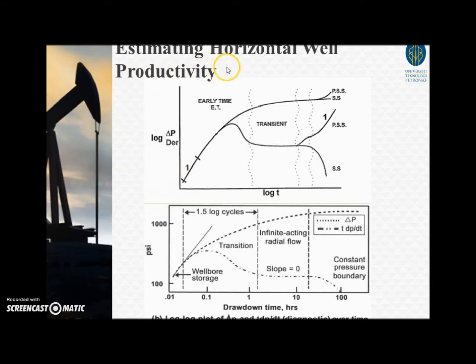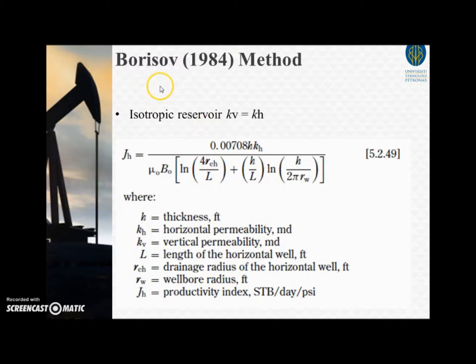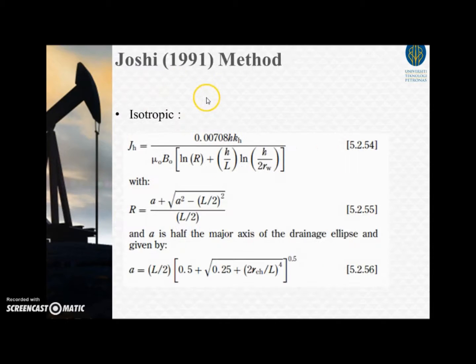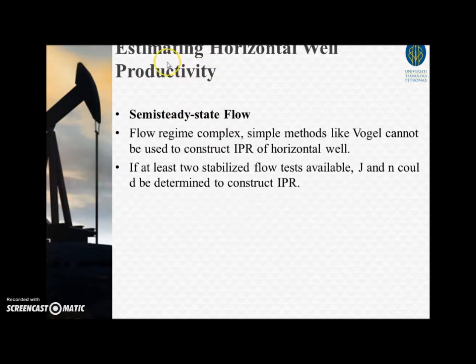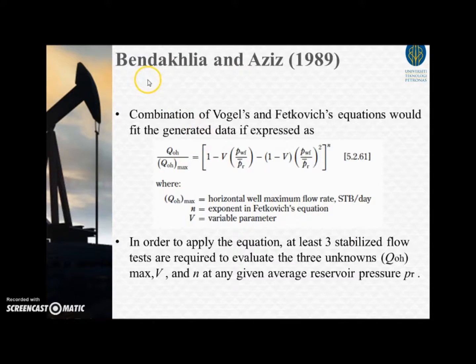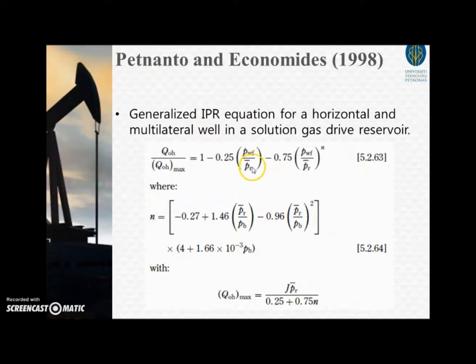We also learned the methods in estimating horizontal well productivity, which are from all these authors, and we have looked at how to estimate horizontal well productivity by all these equations, which are not coming out in finals. Thank you.